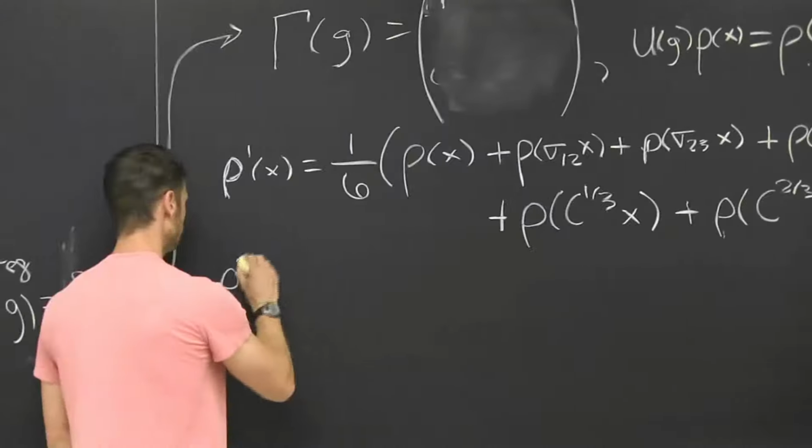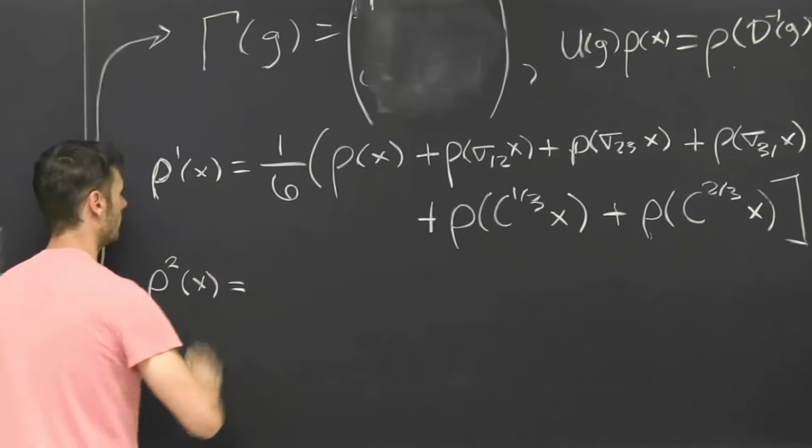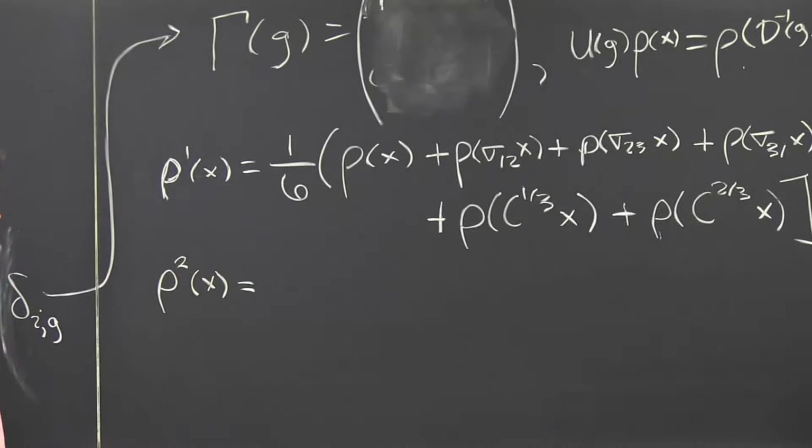Another thing I can write down, I'll call it rho 2, is something that's anti-symmetric. If I operate on it with certain group operations, it's going to give me back the same function. And with the other ones, it's going to give me back the same function, but with a minus sign.